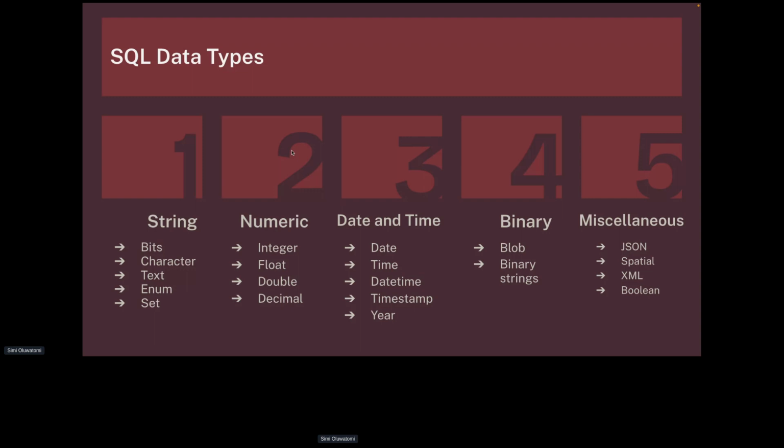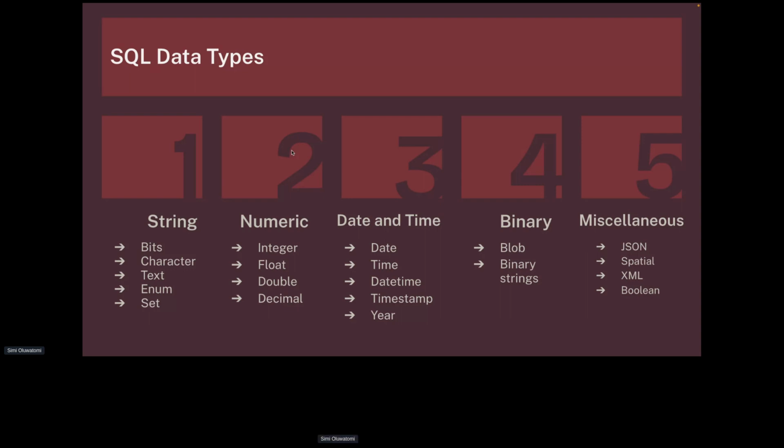But at every point in time throughout the lifetime of the data, it must have a type. And when inserting or updating that type, the database will always maintain integrity of the data type that you specified.